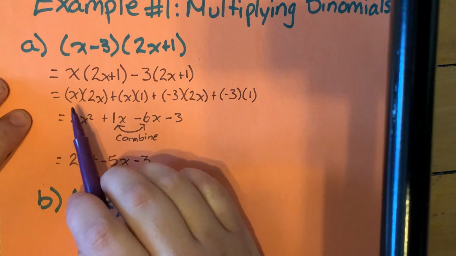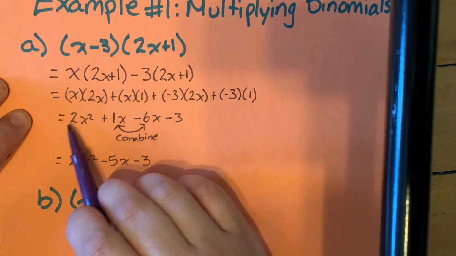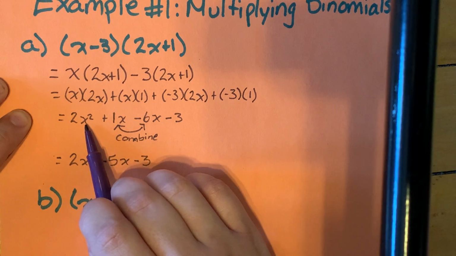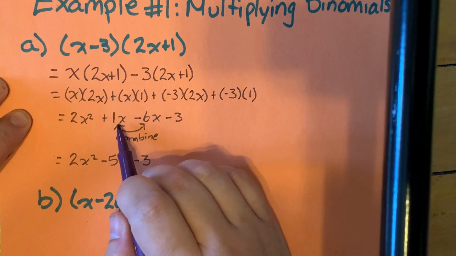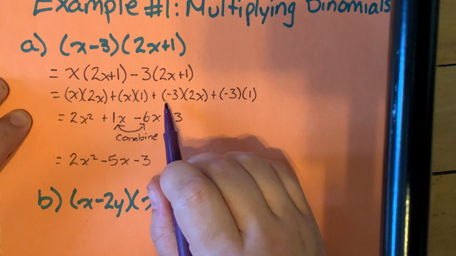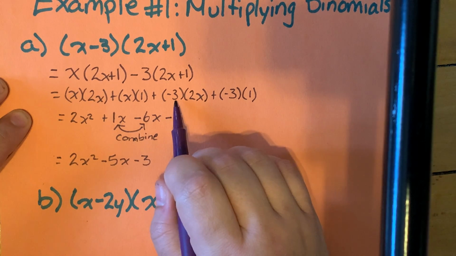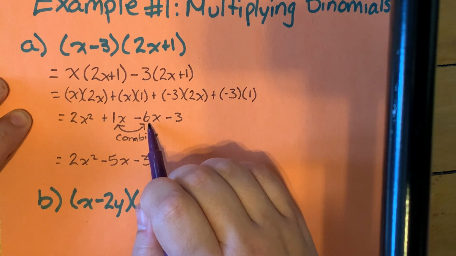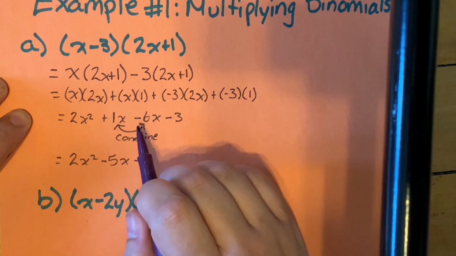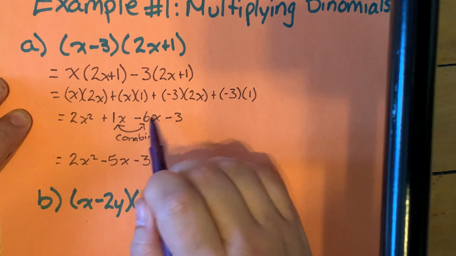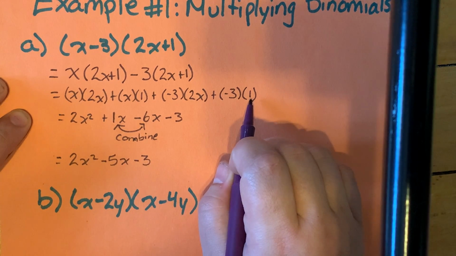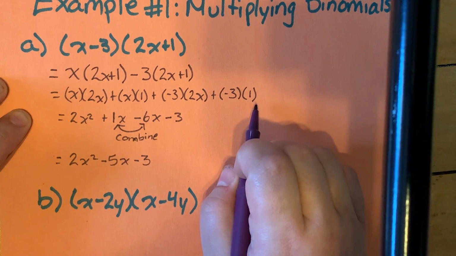So x times 2x, you're going to keep your 2, x times x is x squared, plus 1 times x is 1x. Then negative 3 times 2x is negative 6x. We're just going to subtract, instead of saying add a negative. And then negative 3 times 1 is negative 3.